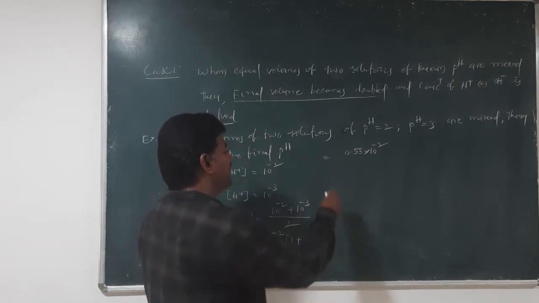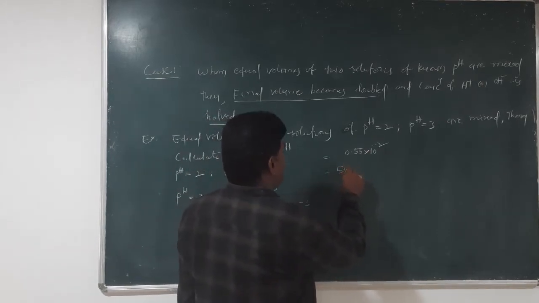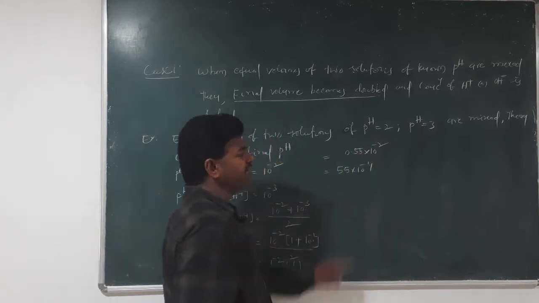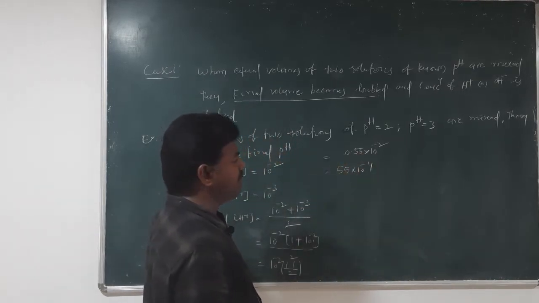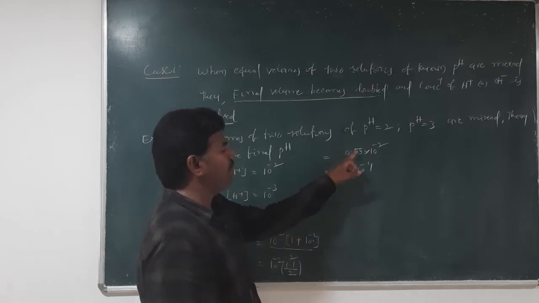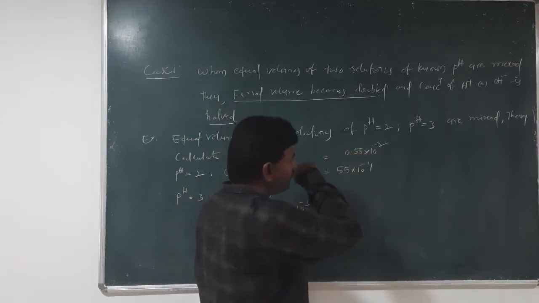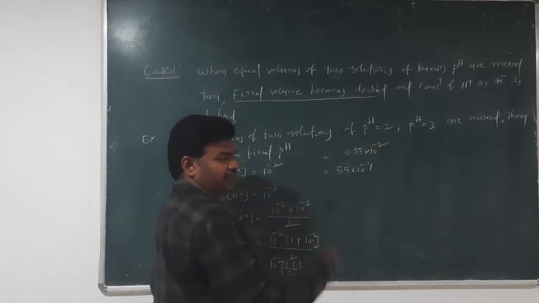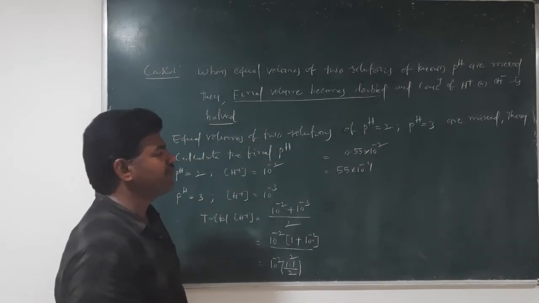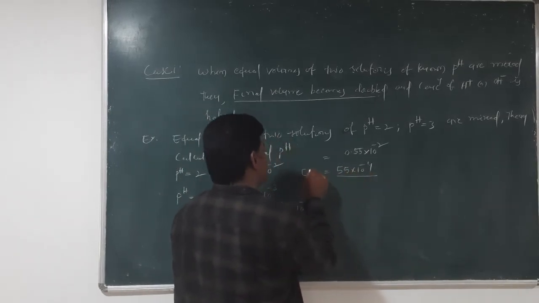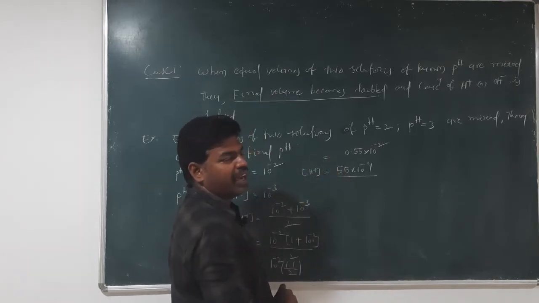This can be written as 55 into 10 power minus 4. We eliminate the decimal places by multiplying with tens. So the final concentration of H plus ions is 55 into 10 power minus 4.